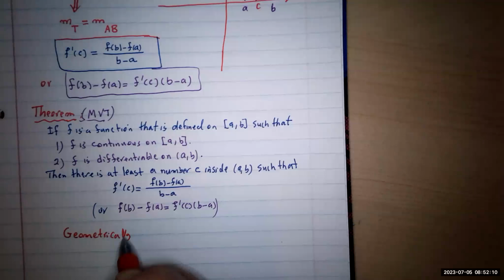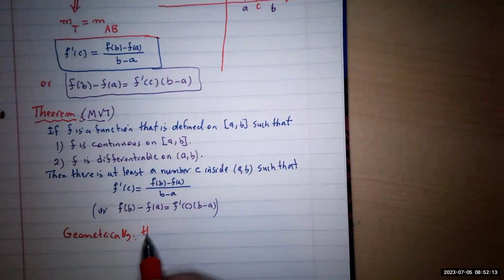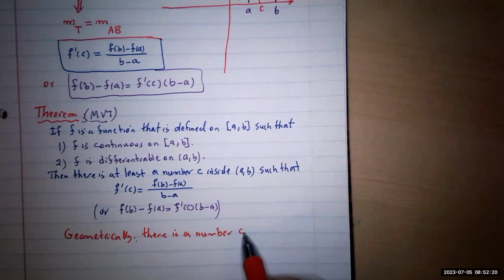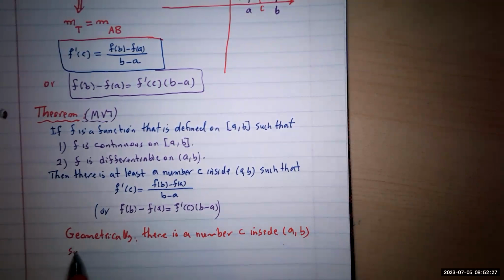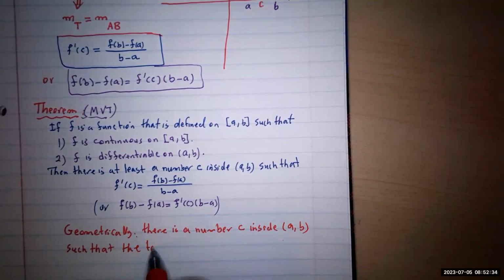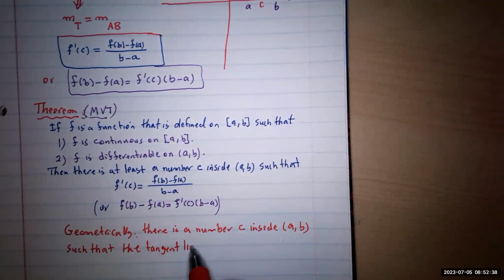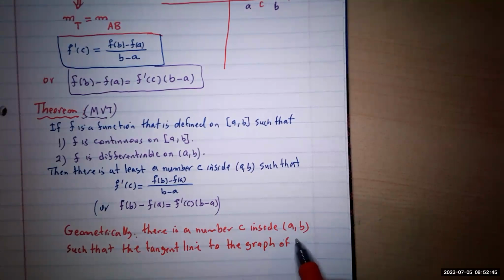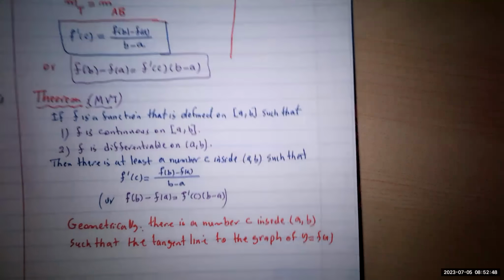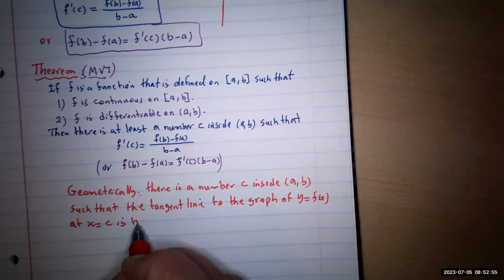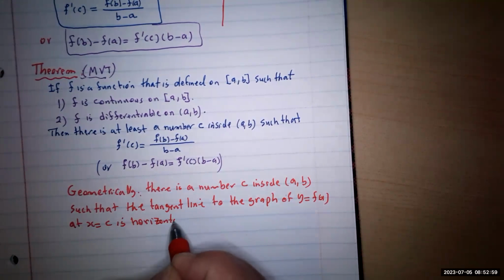From the geometry point of view, this means that if you have the conditions, there is a number c inside (a, b) such that the tangent line to the graph of y equals f of x at x equals c is horizontal. It's going to be parallel to the line.